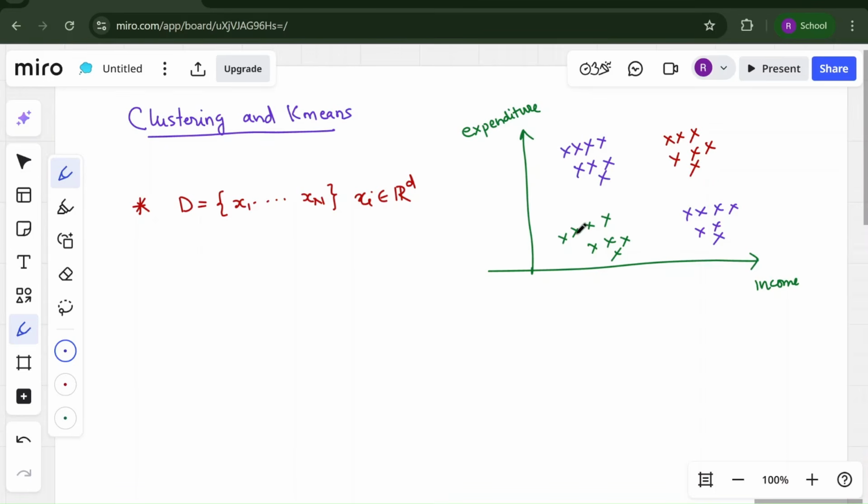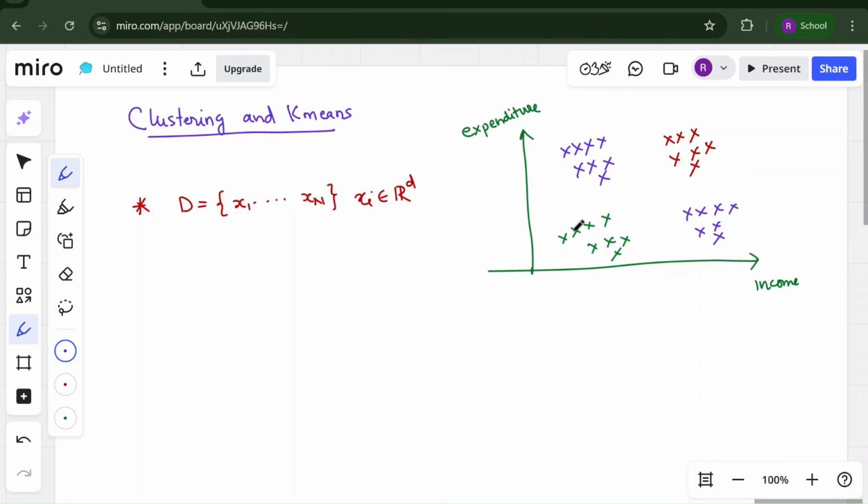Now because it is 2D, we are able to visualize and see that there are 4 clusters, but typically in higher dimensions we are not able to do this, right? And that is why we apply an algorithmic way to determine the clusters. That is this entire clustering problem.